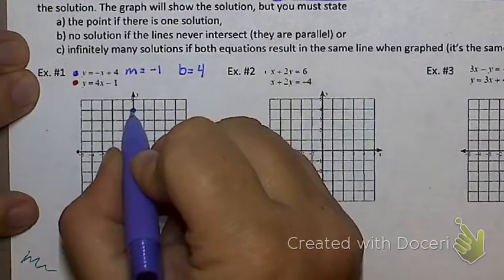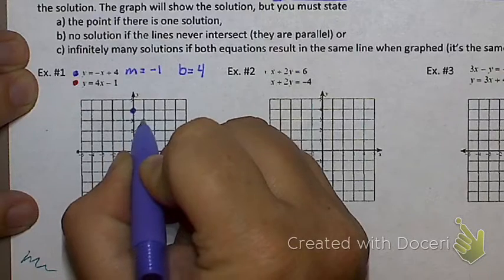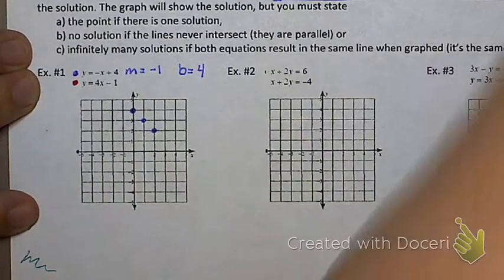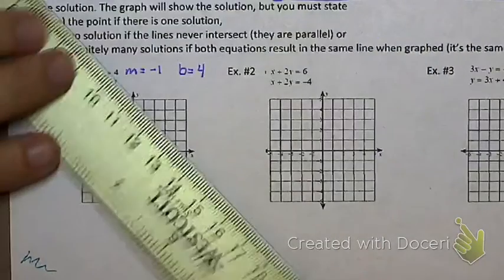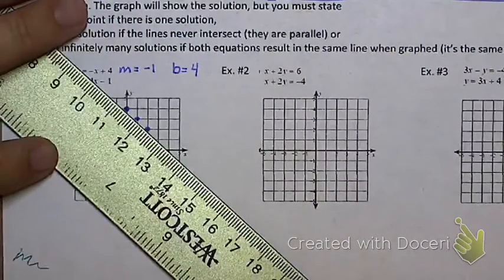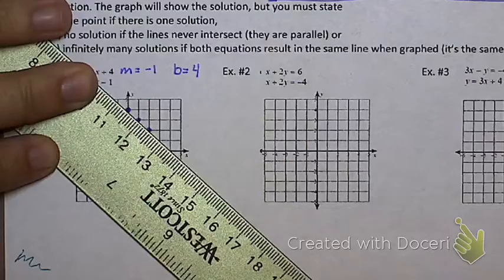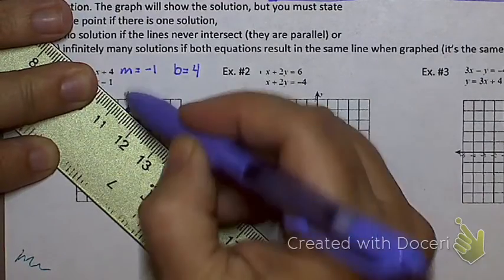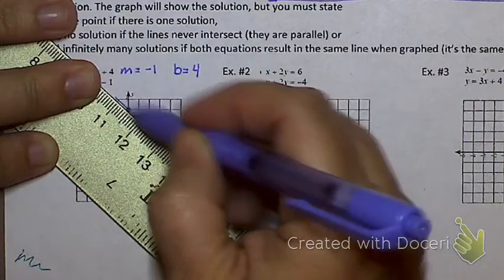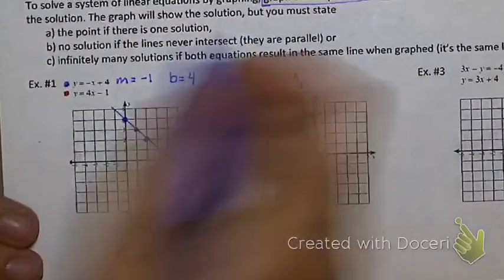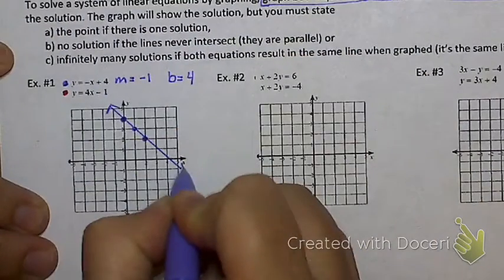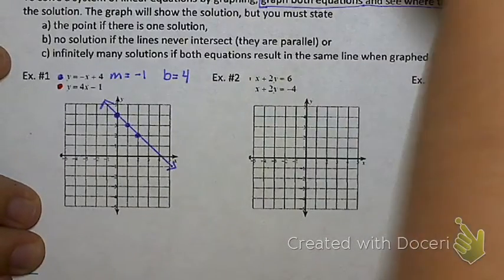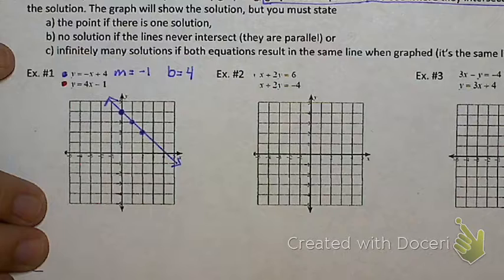The slope is -1, so I'm going to go down 1, right 1, down 1, right 1, and then I'm going to draw in my line as clearly as I can. Now remember, I need to be thinking that it's continuing that down 1, right 1 process. So I want to think beyond the line that I'm actually drawing. Make sure your line goes to the edges of the grid that I gave you. Any questions about that one?